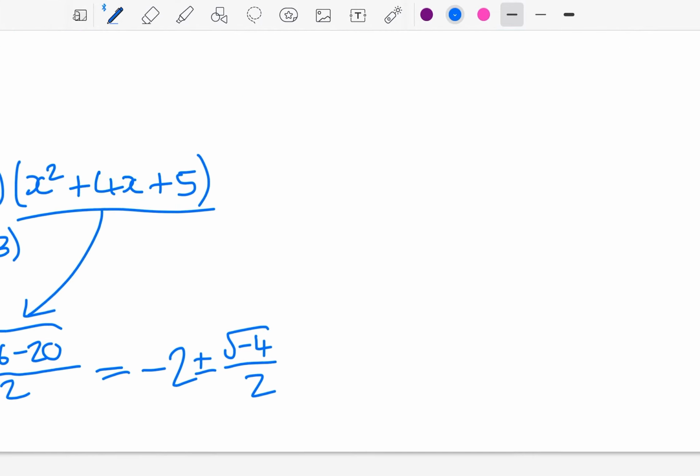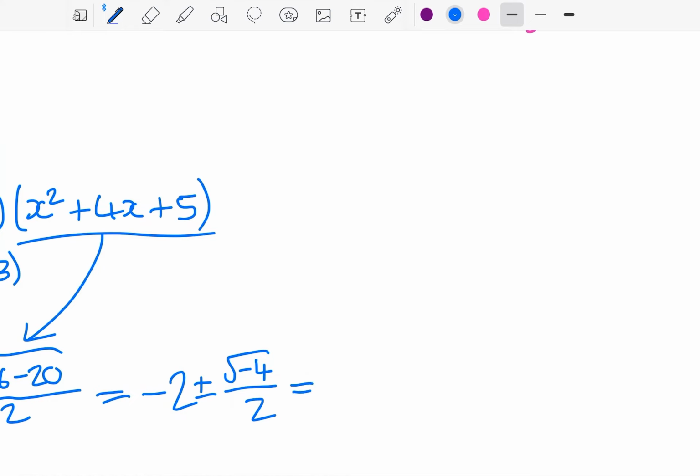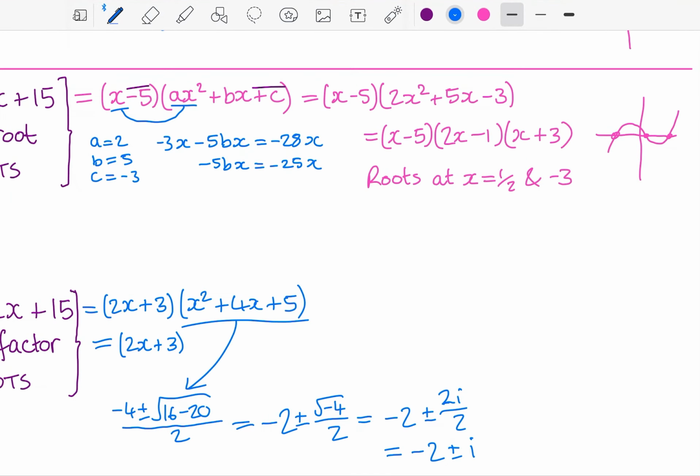We have a root of a negative. Okay, that's minus 2 plus or minus 2i over 2. So minus 2 plus or minus i. So those are our final two roots.